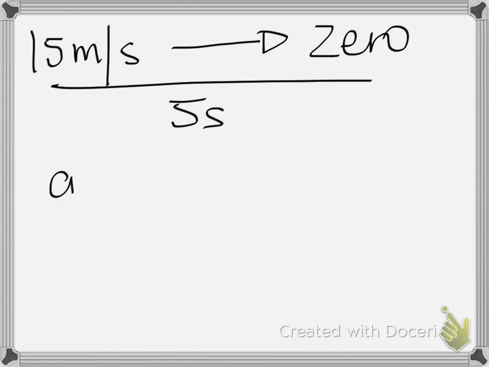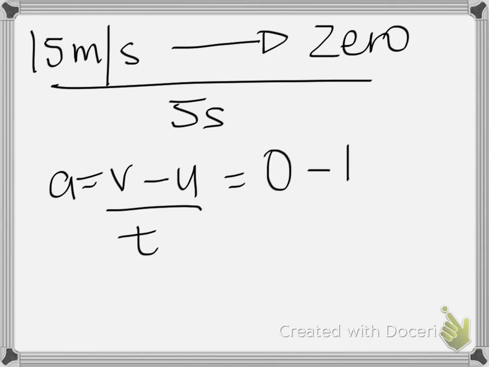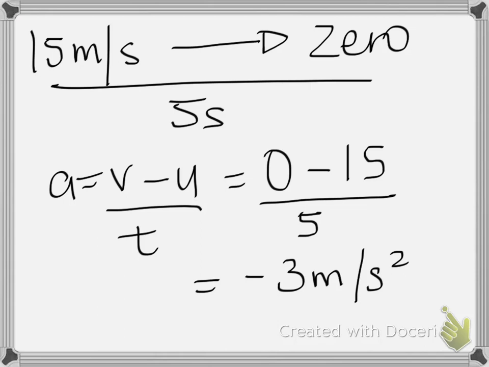So my acceleration, I'm still using the same formula, nothing's changed, is 0 minus 15 divided by 5. So now my deceleration, or my negative acceleration, using a negative sign, is 3 meters per second squared.